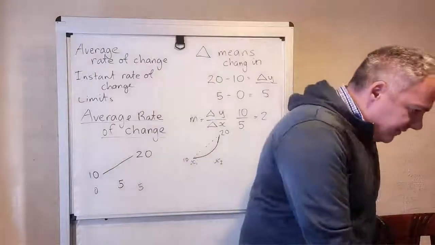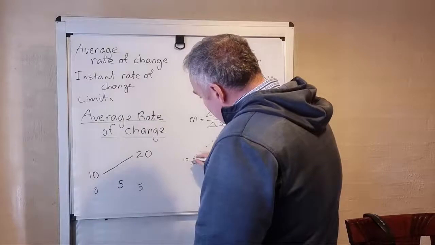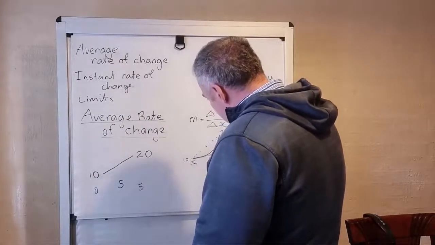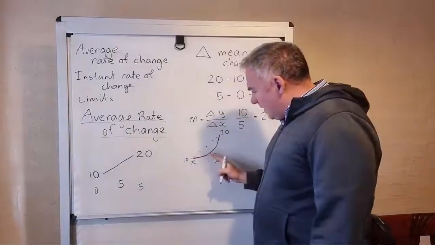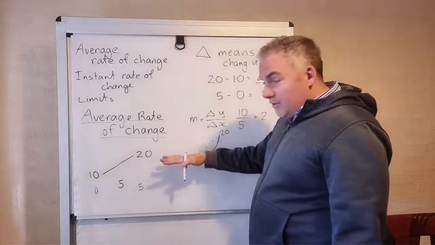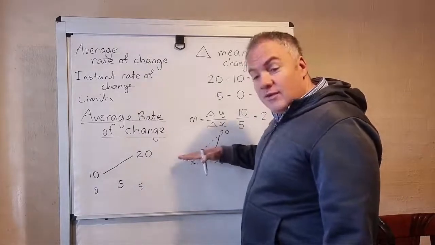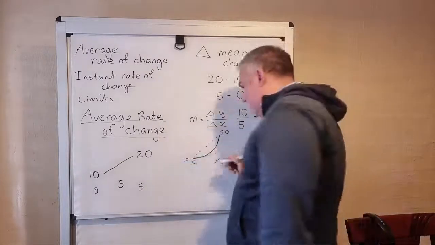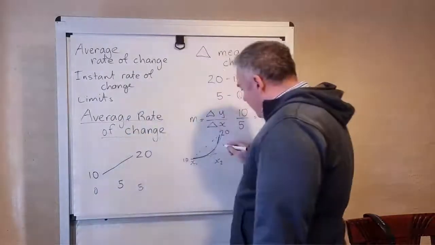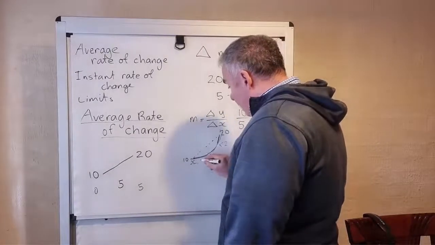Now, it's a little bit of a demonstration. If you take the purple line, or the red line as it might be, you can see that that line's a lot less than 2, a lot slower than 2, because it starts off having a tangent to the curve at a lot less than 2. And it finishes off at a line that's bigger than 2. So that one, the rate of change is greater than 2.